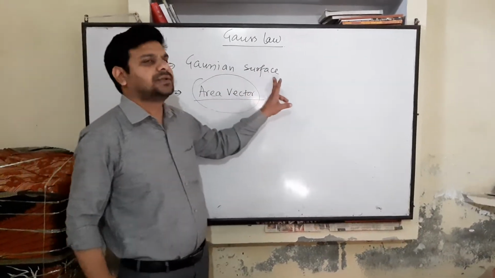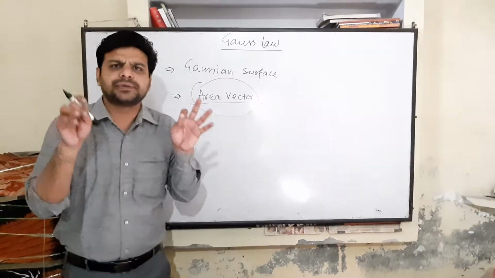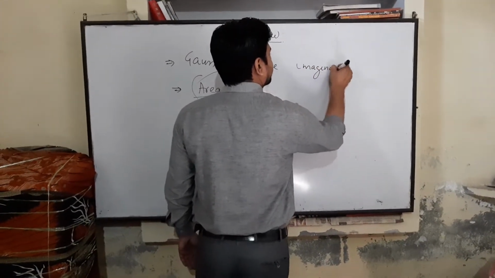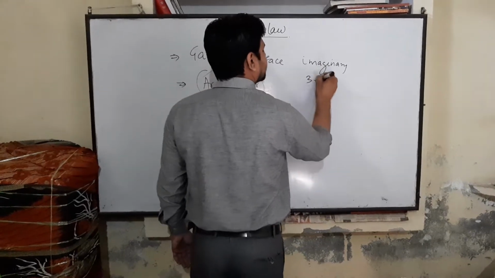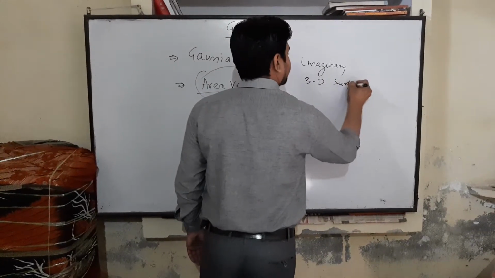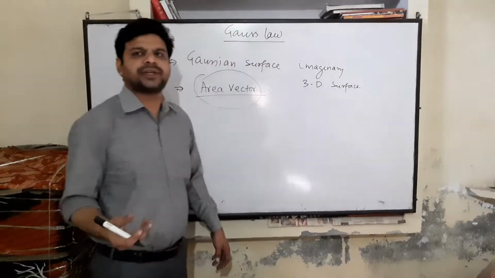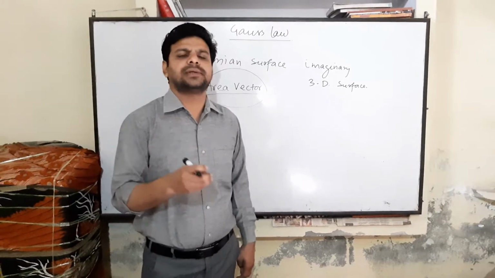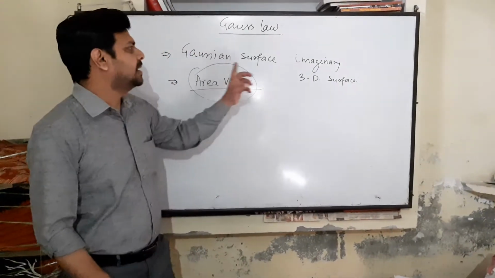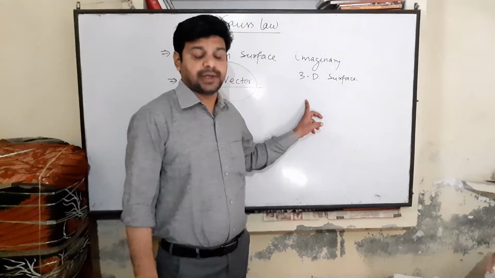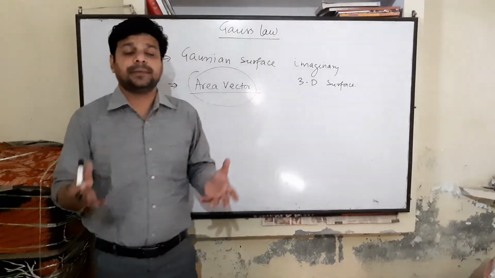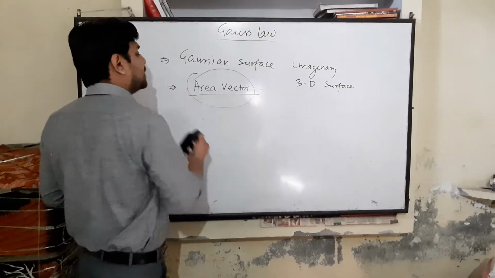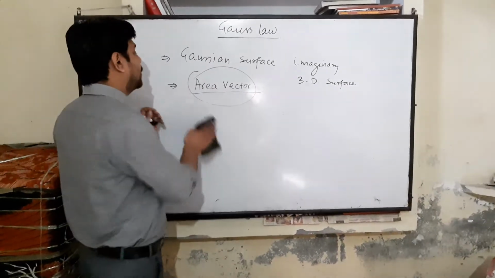And what is a Gaussian surface? It is an imaginary 3D surface which encloses some charge configuration. 3D surface means it may be a cylinder, it may be a sphere, it may be a cube or cuboid.